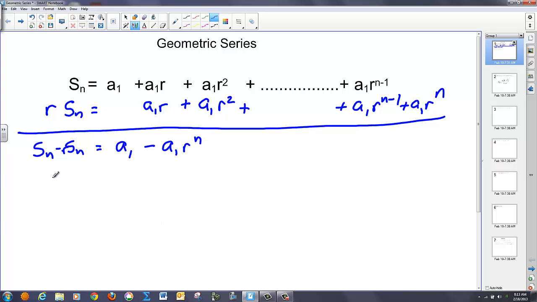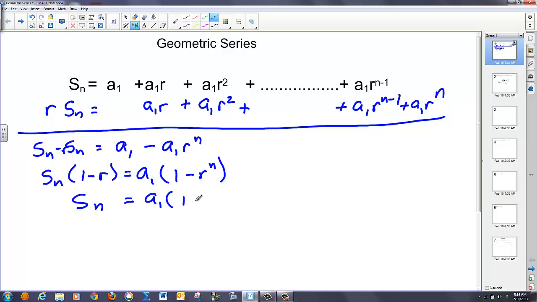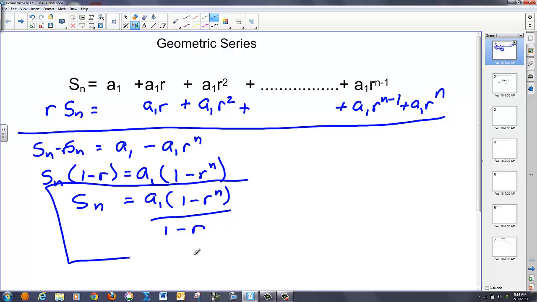And then he said, well, we've got some common terms, so let's factor those out. And we want to try to find the sum of the series. So let's isolate that, and we get the first term times 1 minus that ratio to the n power over 1 minus the ratio. And that ended up being his general formula for the sum of a geometric series.